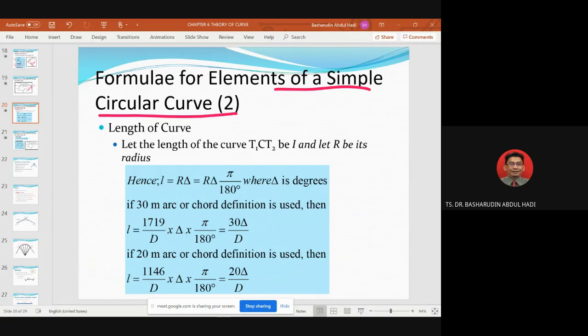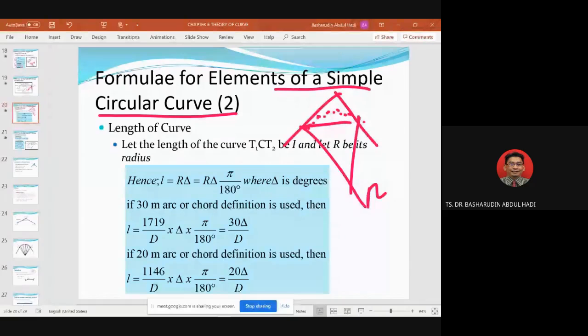So what is the meaning of length of curve? You still remember we have this triangulation. This one we have R, and this one is the length of curve. This is the horizontal curve, from this point to this point.